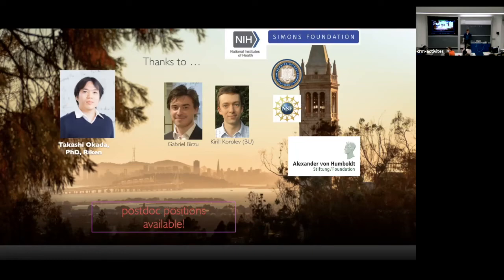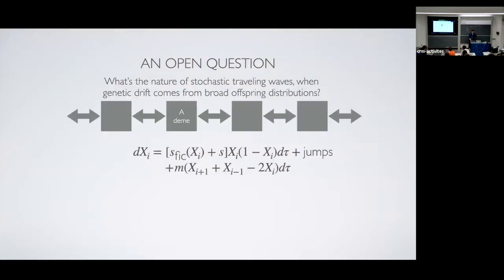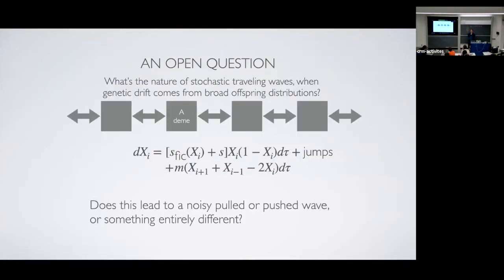So I wonder what the noise term might be. Will it still just be the FKPP noise whose variance is proportional to x times 1 minus x? But there's a jump there, so I don't know.